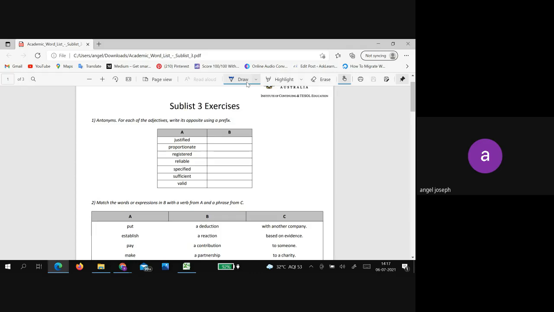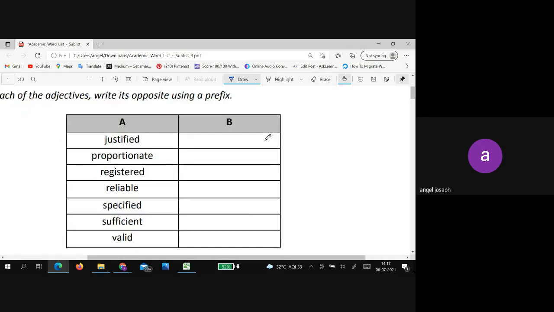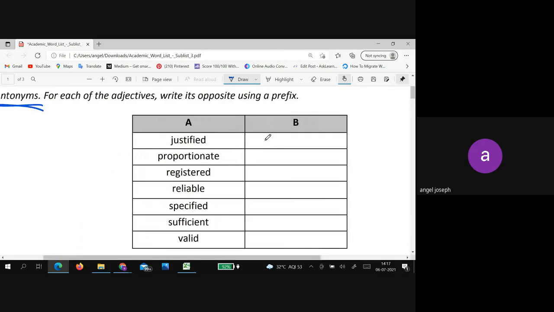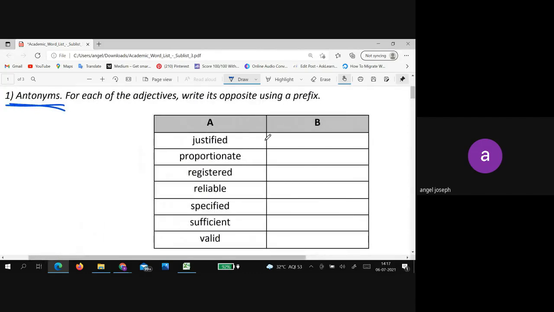We are doing antonyms first. All right, so antonyms. What do you mean by the word antonyms? Opposites. Okay, synonyms are words which are similar to the word.